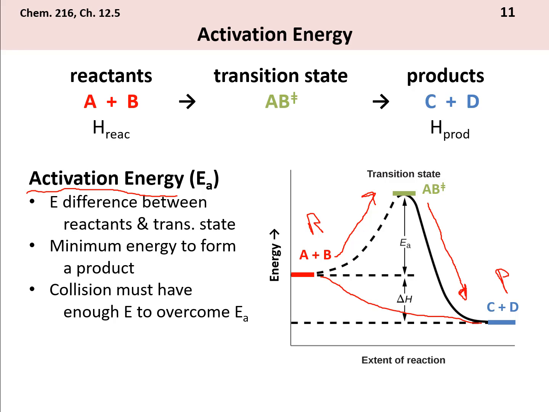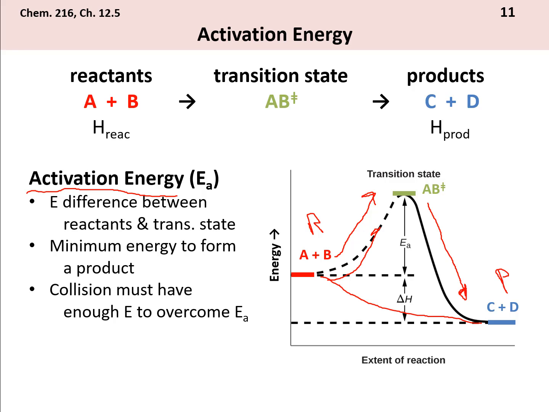I could just turn off my car, undo the brake, put it in neutral, and it'll coast down, right? But if there's a hill in between us, what do I have to do? I need to turn it on, put on the gas to get over that hill. That's what transition states and activation energy are.